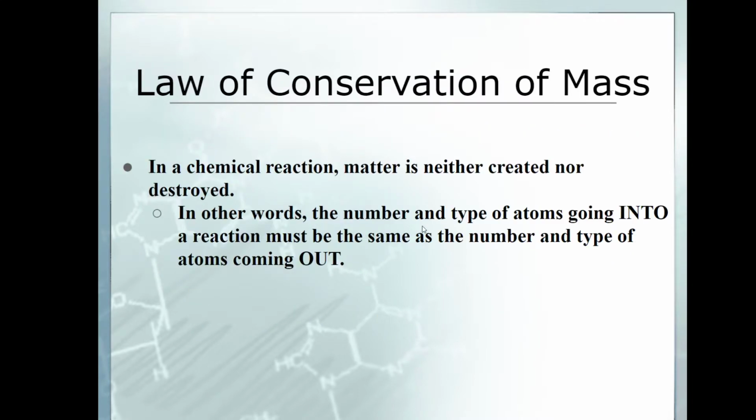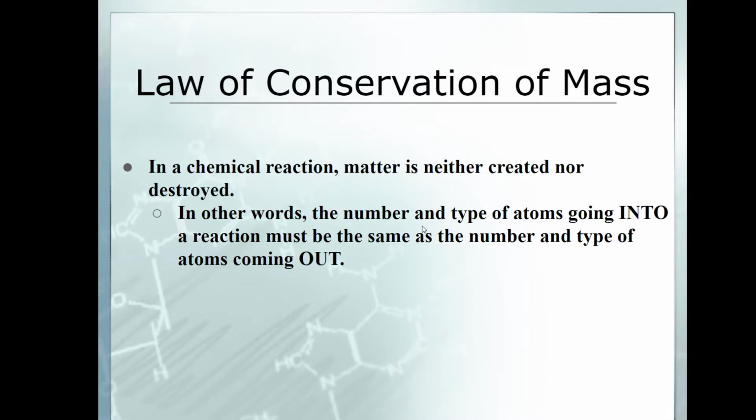One other major concept that we need to touch on is that in physics and chemistry and science in general, there's such a thing as the law of conservation of mass. What this means is that in any chemical reaction, no matter what, we can't make matter out of nothing, and we can't totally destroy matter either.